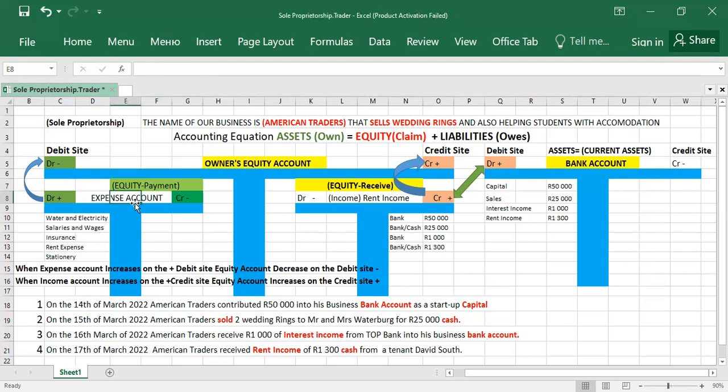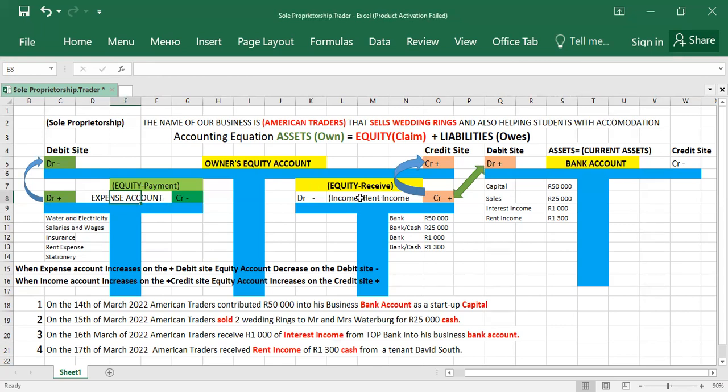Now, I'm going to conclude by explaining what is an expense account. Expense is the cost of the operations that a company, business, enterprise incurs to generate revenue or income. Under expense, we all know that it costs money to make money.